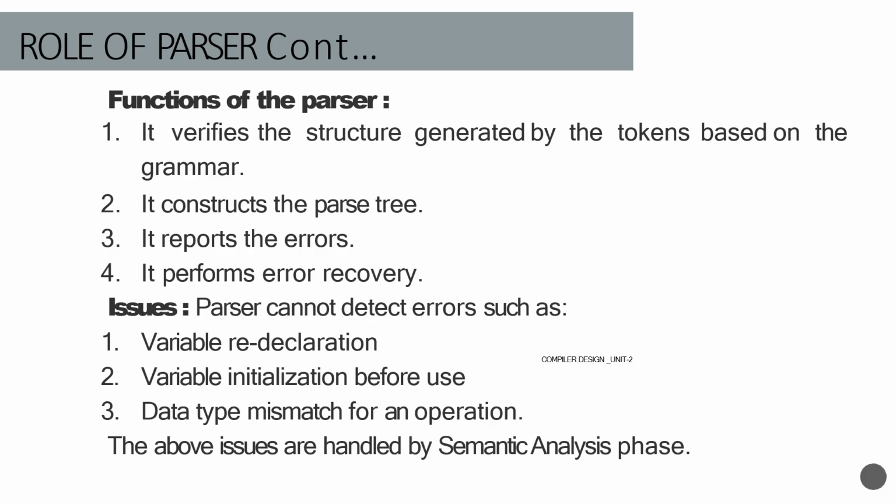If any syntax error is found during the syntax analyzer phase, it will be reported by the parser or syntax analyzer. So it reports the error, and it also performs error recovery. Once the syntax analyzer reports an error, the errors are recovered by the parser. So it performs error recovery also.